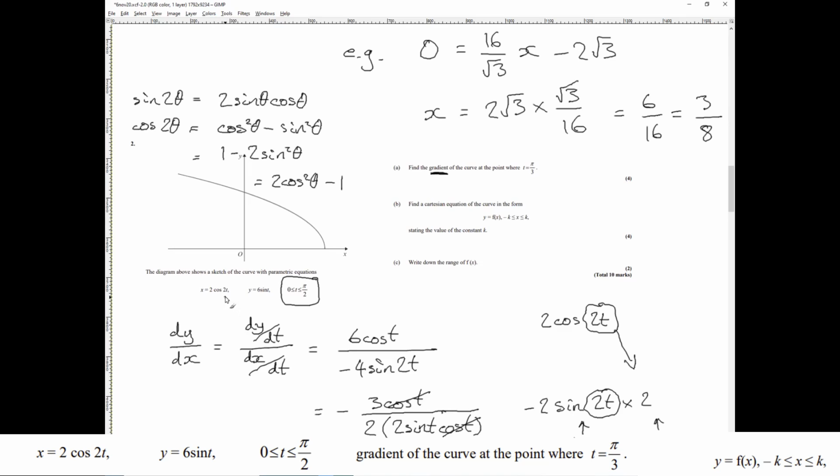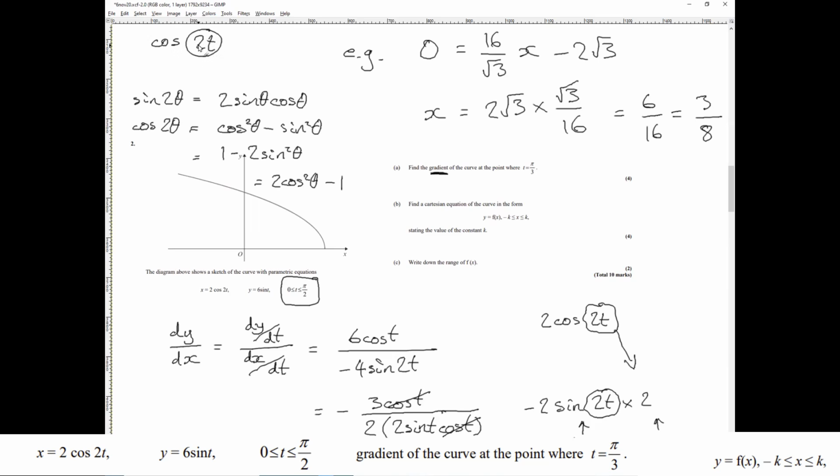Cos 2t becomes. Is that 1? Right, but I said cos of what value, which is 1. Maybe I'm being pedantic here, but I'm saying t is 0. Therefore, 2t is 0. Therefore, cos of 2t is cos of 0.